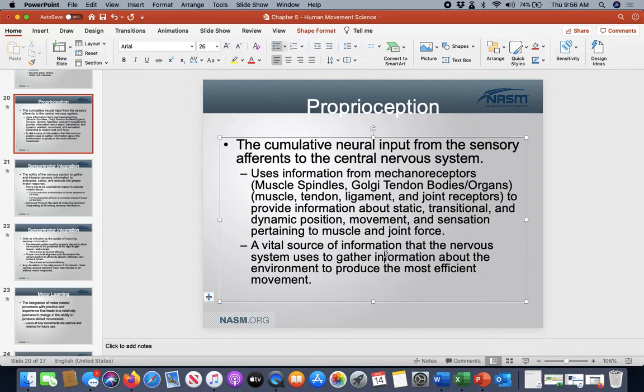All right, and that's really cool. So you have these sensing signals that are sent to the brain to cause you to change something. If they're not working correctly, or they haven't been worked correctly in a long time, it's going to take a little while for us to be able to get that back to working correctly. But it will, and when it does, it makes people's movement patterns that much better.